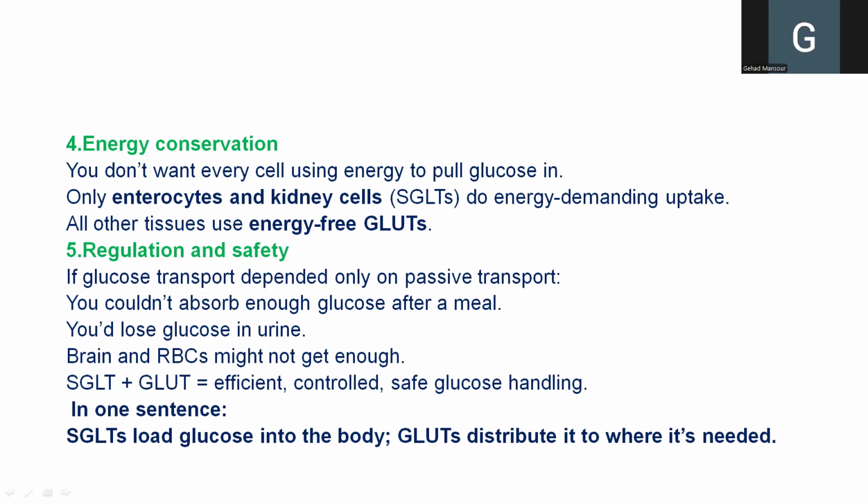So in one sentence, we can summarize that the sodium glucose transporters load glucose into the body. That's why they are present in the small intestine, where we have plenty of glucose inside the cavity of the small intestine after meals, and in the kidneys, because after filtration of blood, the filtrate does not only contain waste substances, but unfortunately, glucose can pass in the filtrate, and therefore we have to reload it into the blood once again.